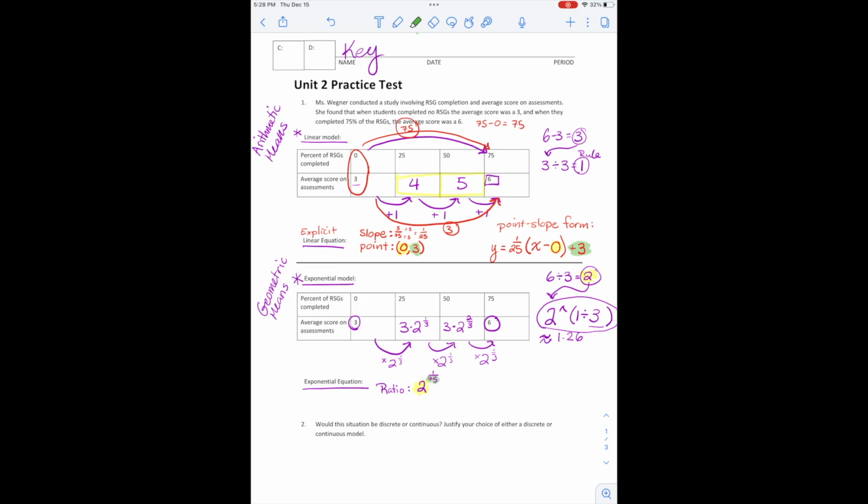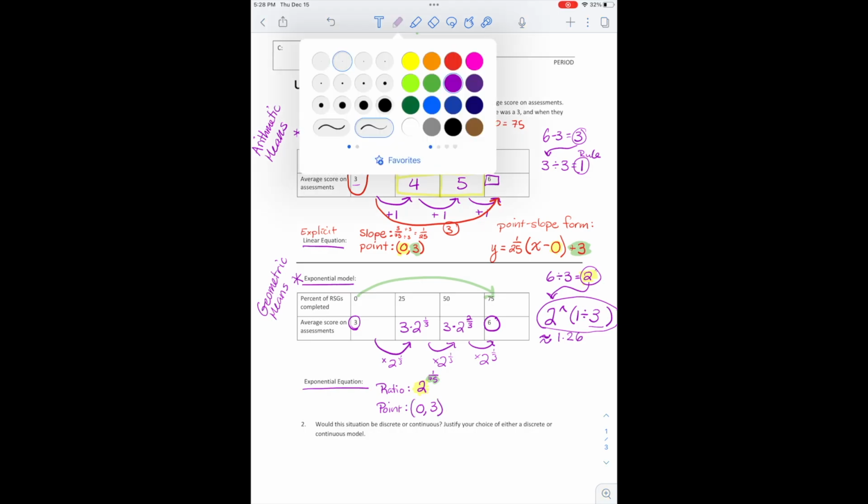Remember, I'm getting that 75 from the difference between 0 and 75. My point, I'll start with 0, 3. Same point.